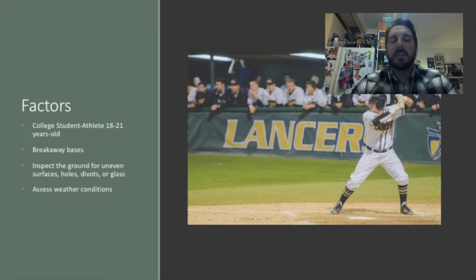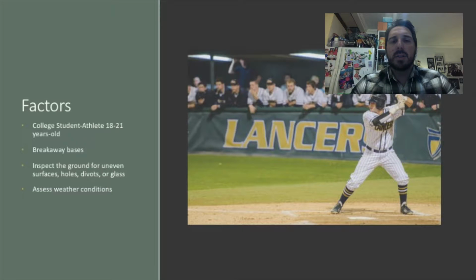So you see a lot of injuries with that. You see them earlier than college age, but you don't see them as frequently as you would in a college athlete.